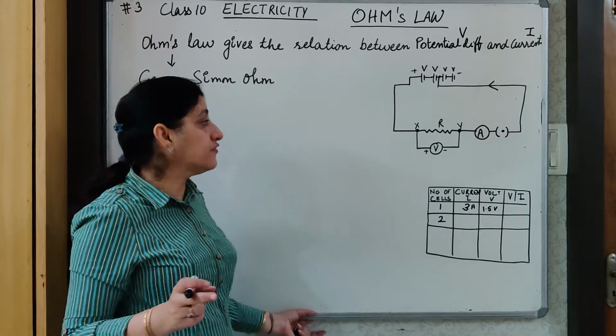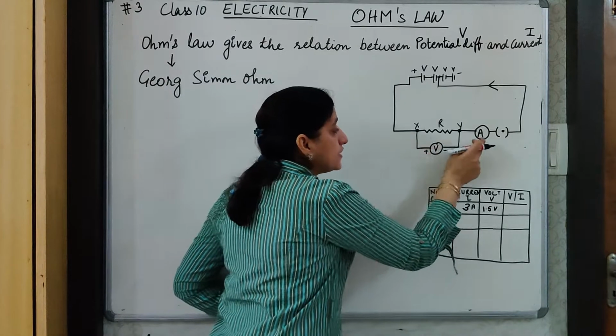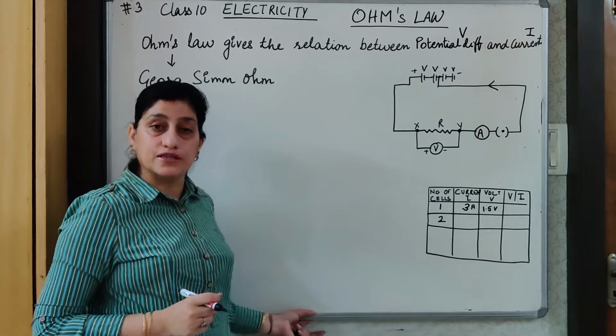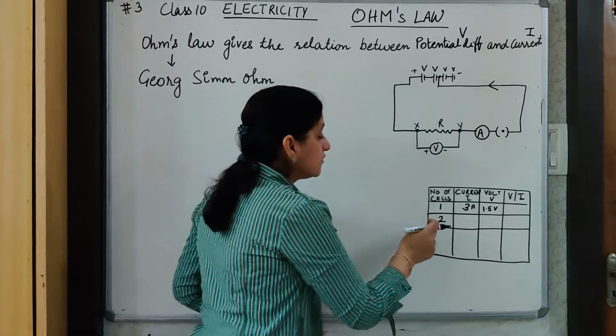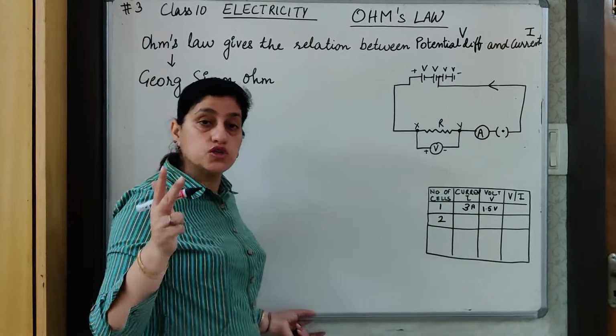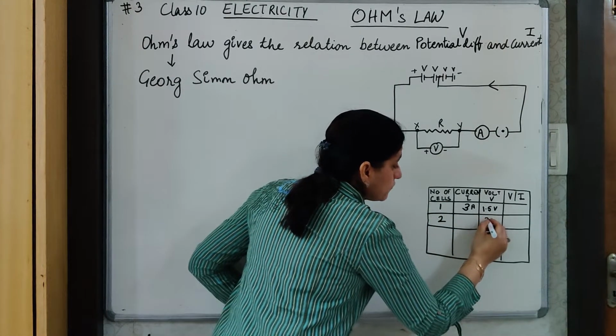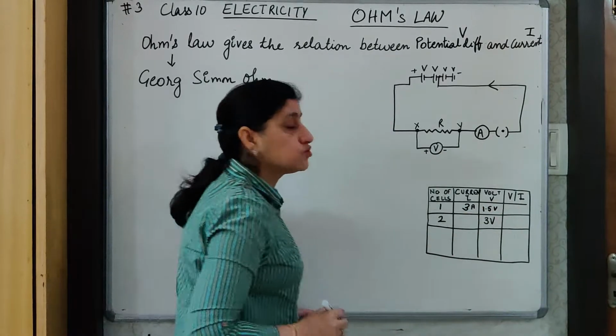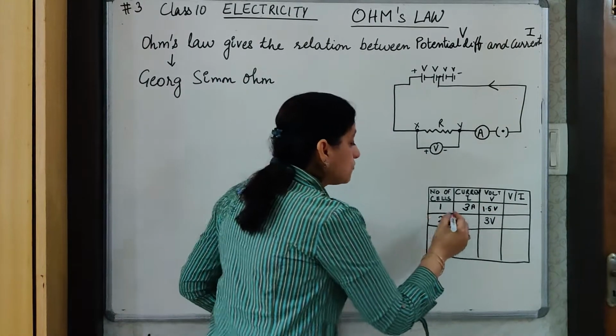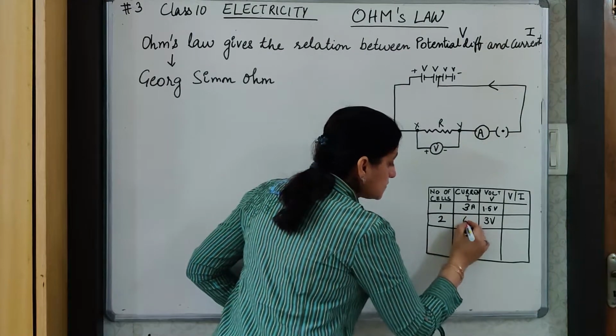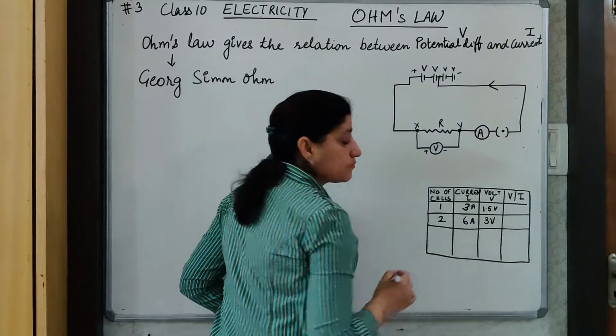As the current will flow, again there will be a reading in the voltmeter and the ammeter. Because earlier we were using one cell, now we are using 2 cells, so the value of V say changes to 3V. And suppose my current becomes 6 ampere.